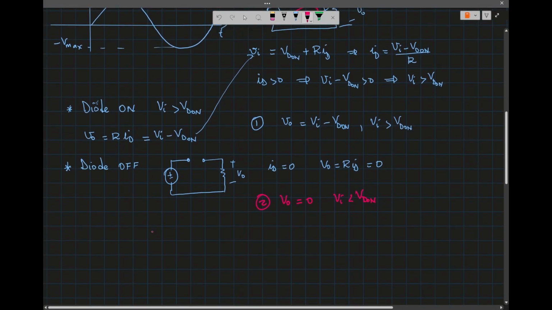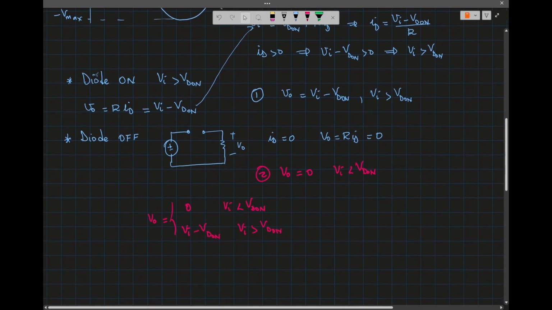So when we put it together, V0 is equal to 0 when VI is less than VD on, and then it is equal to VI minus VD when VI is bigger than VD on.